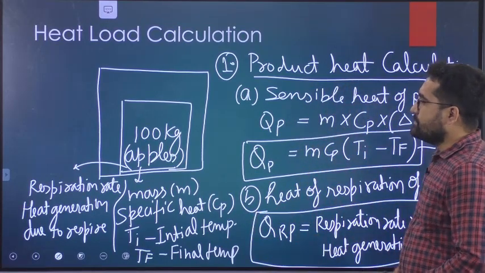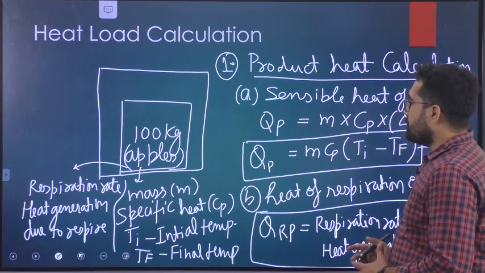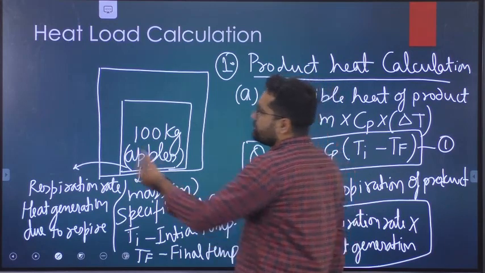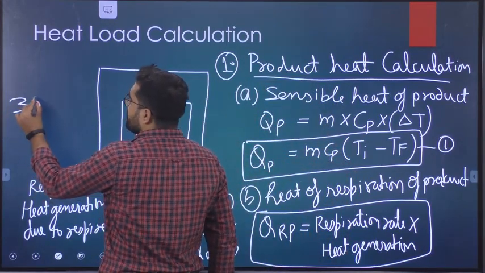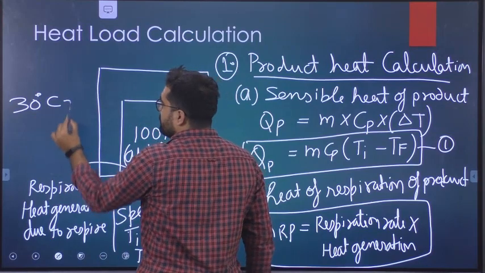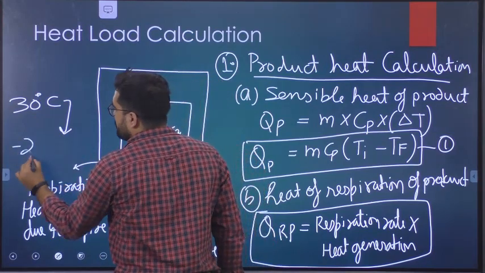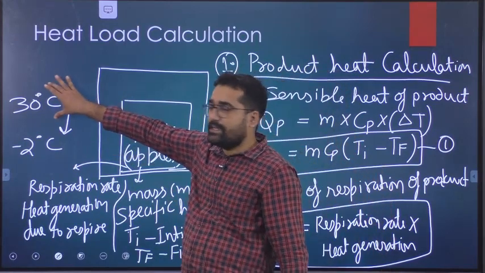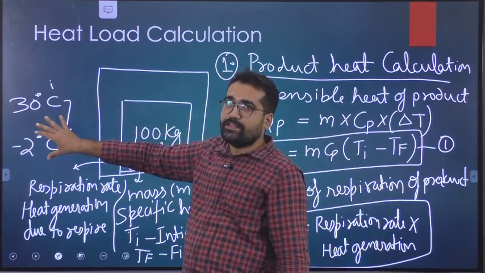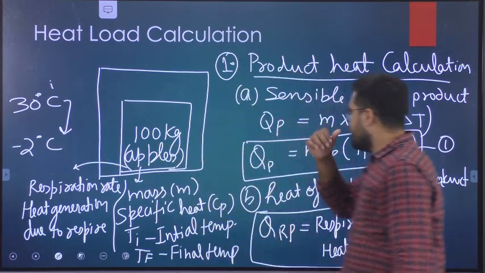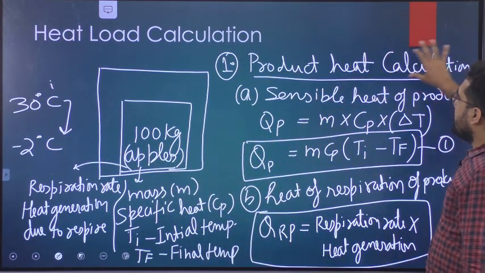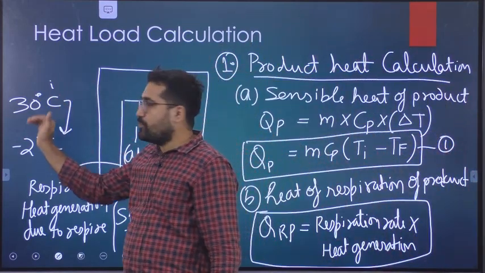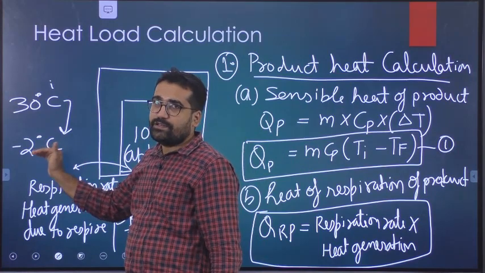Now sometimes we need to reduce the temperature. Suppose from the field we are bringing the produce at 30 degrees Celsius, but now we have to reduce the temperature to minus 2 degrees Celsius. Here we are dealing not only with sensible heat but also with latent heat. This is the case if we are reducing the temperature to below 0 degrees Celsius.